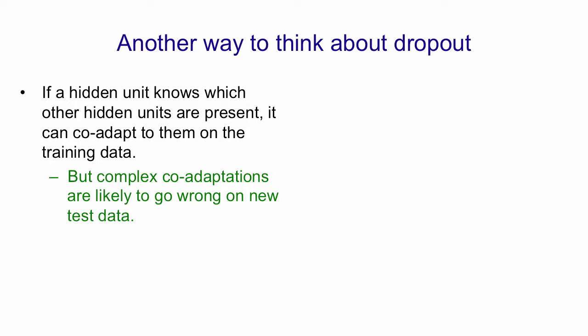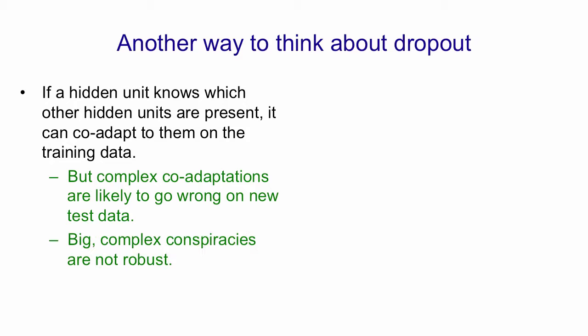Now that's going to cause complex co-adaptations between the hidden units, and these are likely to go wrong when there's a change in the data. So on new test data, if you rely on a complex co-adaptation to get things right on the training data, it's quite likely to not work nearly so well on new test data.